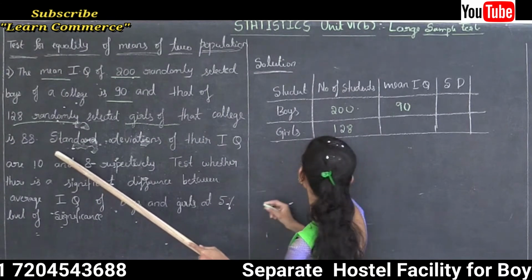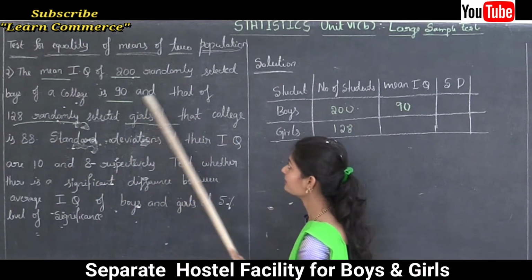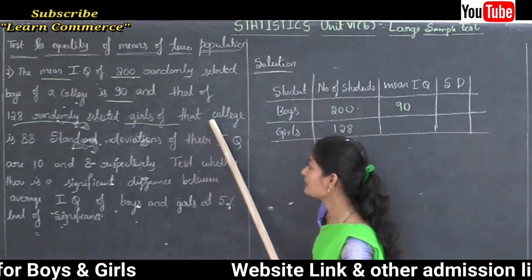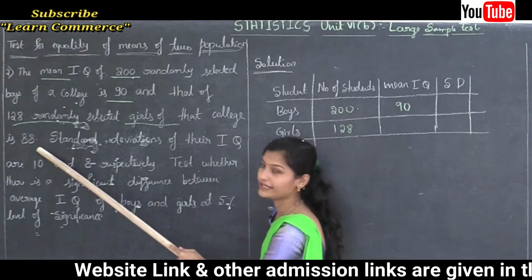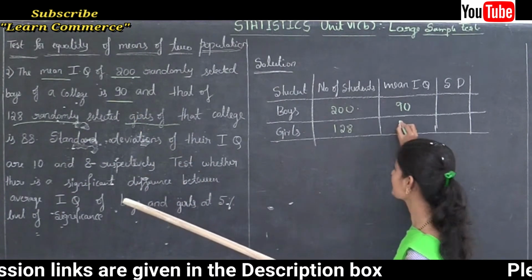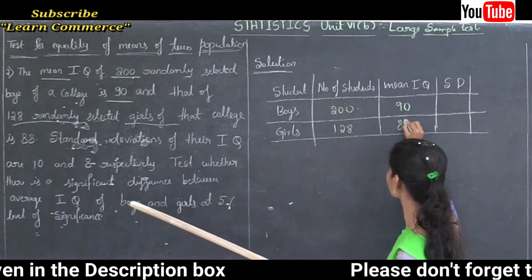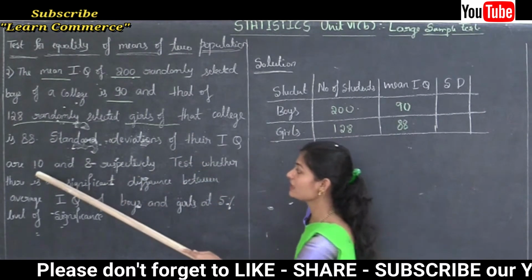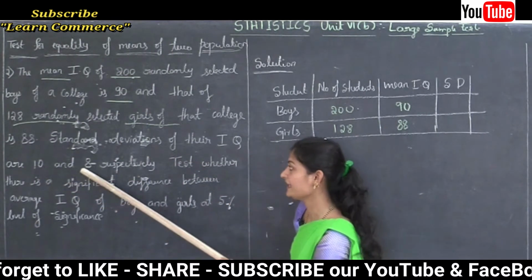Then, the mean IQ of those 128 randomly selected girls of that college is 88. So here the mean IQ of girls is 88. Next, the standard deviations of their IQs are 10 and 8 respectively.